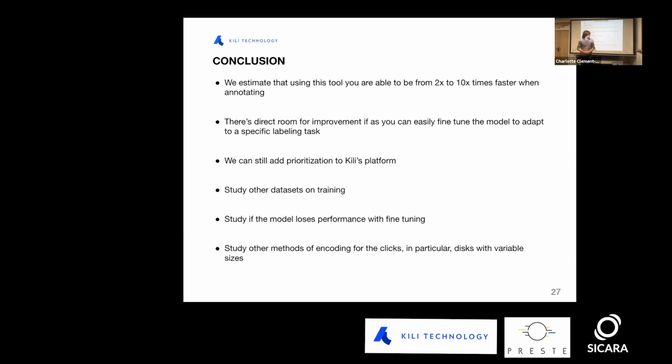What we still have to do is add a prioritization for the Kili platform and study more datasets for training. Also study if the model loses performance with fine tuning, which is probably true because, for example, in the flower example, if you want to select just the middle of the flower and not the whole flower, and you fine tune for the whole flower, it's going to lose performance in selecting the middle.